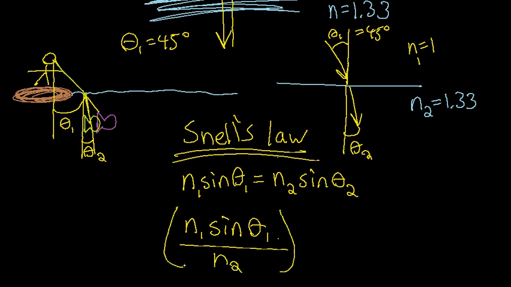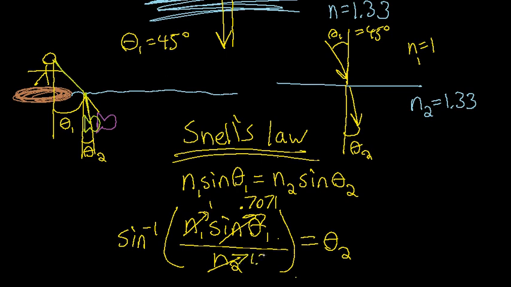Then we need to take the inverse sine of both sides to get rid of the sine, to solve for theta 2. So when you plug in 1 here, sine of 45 is commonly known as 0.7071.